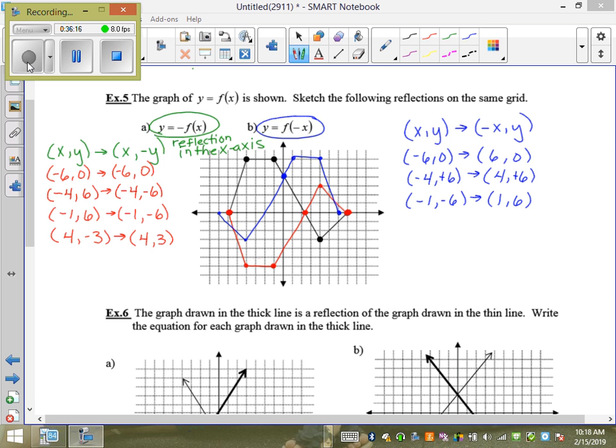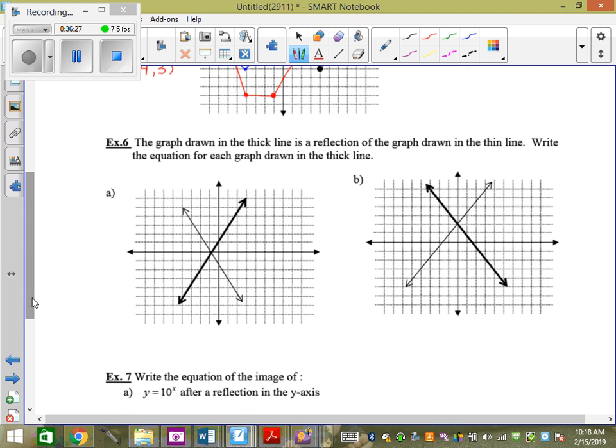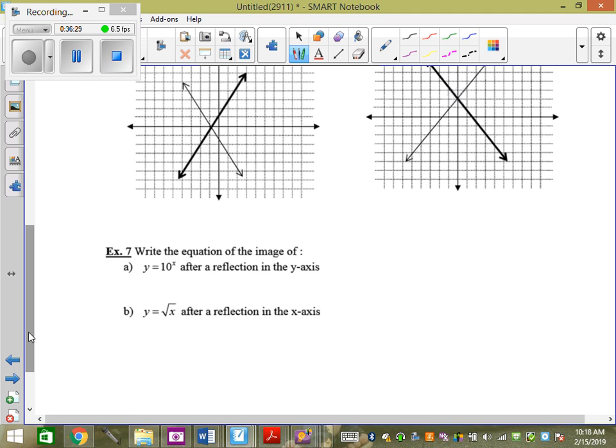That. It's really complicated when you have more than one graph on a graph because you start looking at the other points. Okay? Last little thing we want to go through is this.